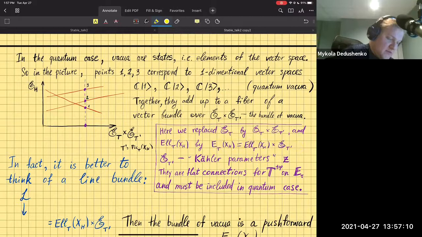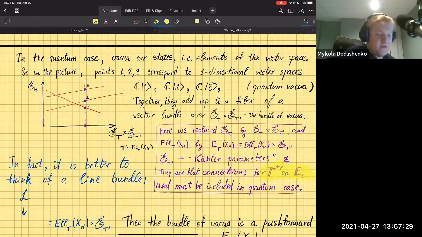This additional parameter space is just a space of Kähler parameters. Of course this is how it was done in Aganagic-Okounkov, but physically these are flat connections for the topological symmetry.